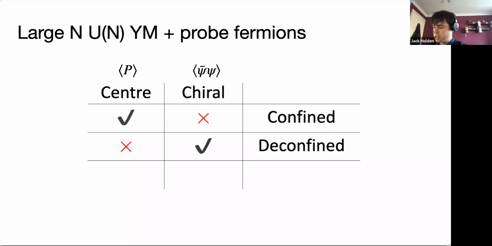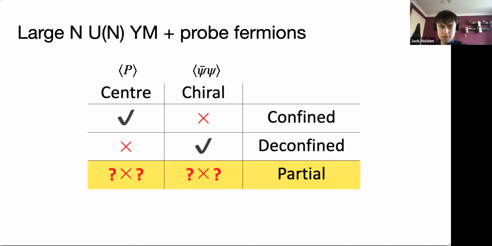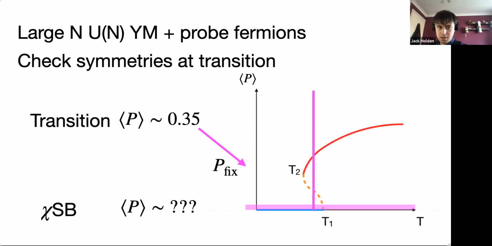In the deconfined phase, we have broken center symmetry, but chiral symmetry is restored. And so it's a natural conjecture that in the partial phase, both of these symmetries might be broken. And there's also the anomaly argument and anomaly matching, which would strengthen this conjecture.